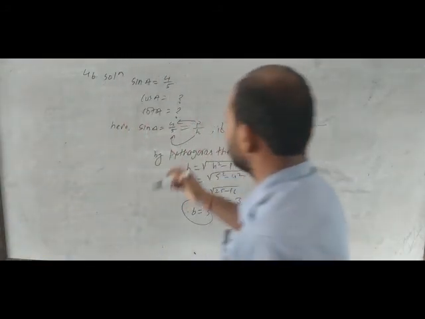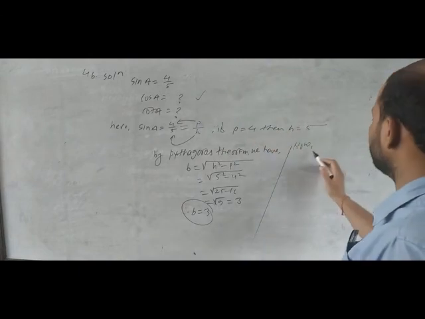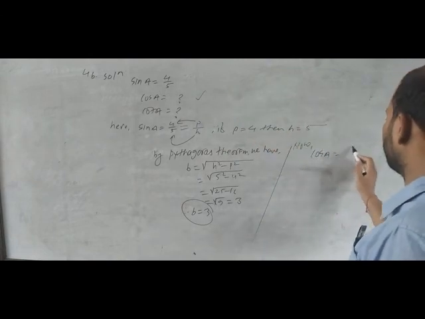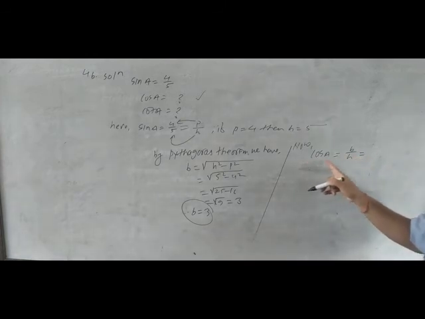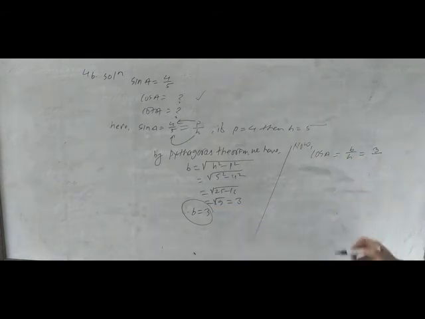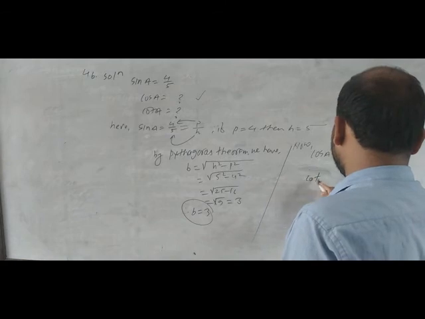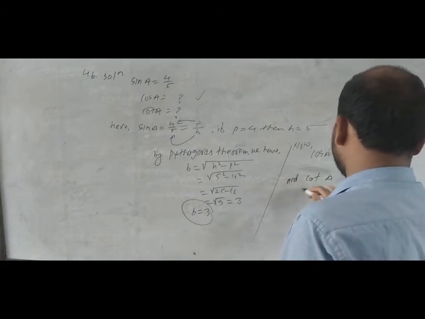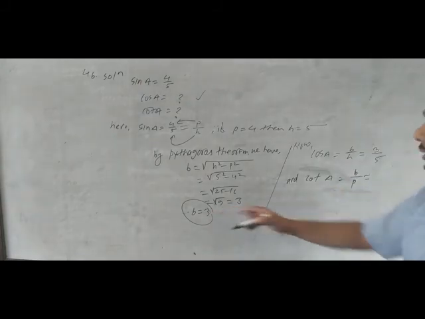And your question says find cos A. So what is the ratio of cos A? B by H. The ratio of cos A is B by H, where B is equal to 3, so we find 3 by H, 5. Cot A, what is the formula to find cot A? Cot A is equal to B by P. So what is the value of B? 3.